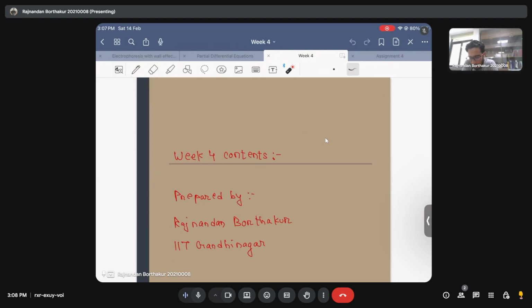In the language of maths, what this signifies is that your governing equation, which was earlier, if you remember the governing equations of all the cases that we discussed in the last classes, those were just ordinary differential equations.